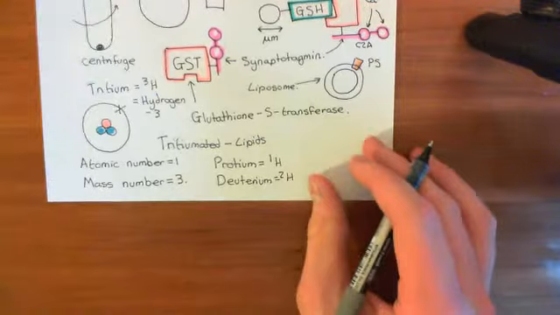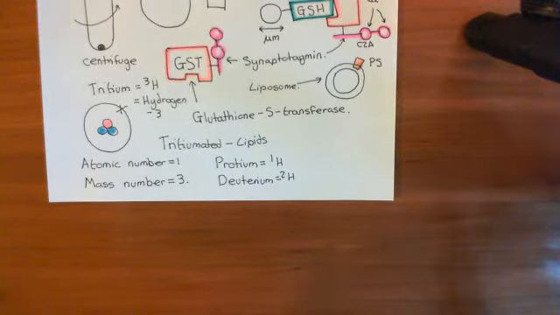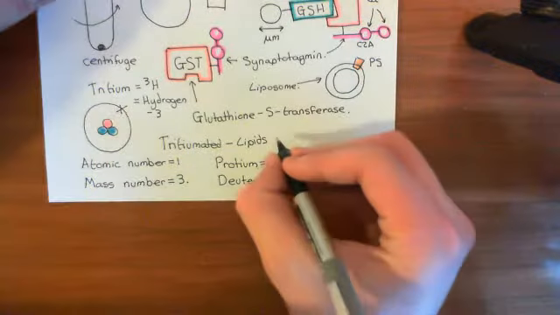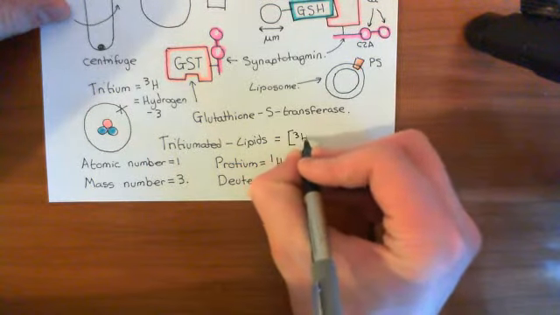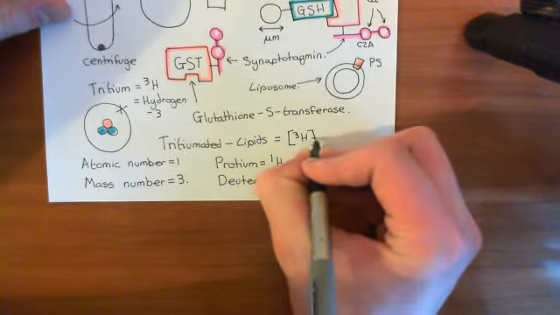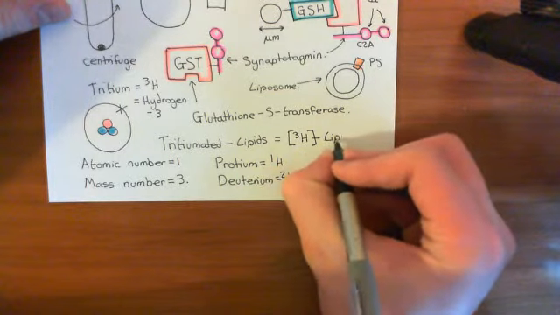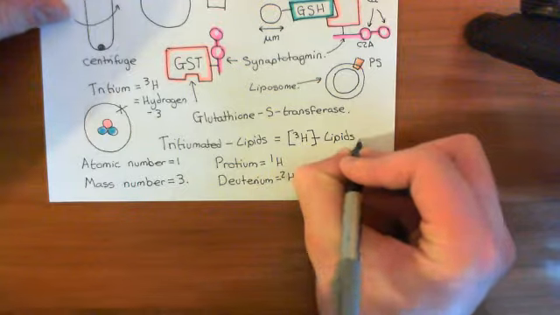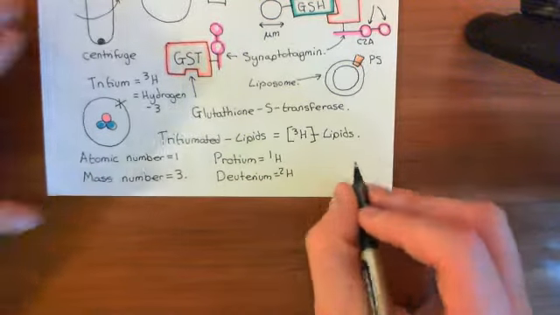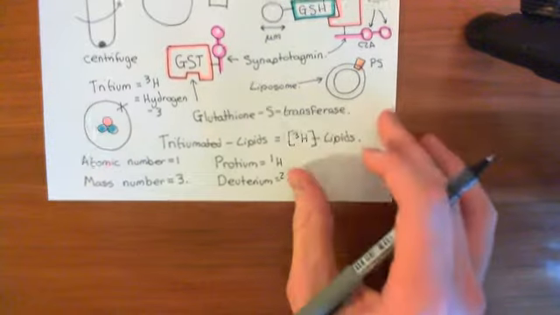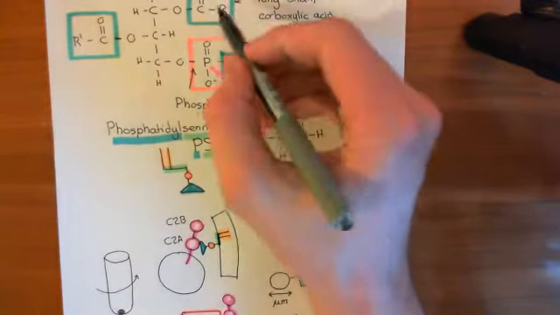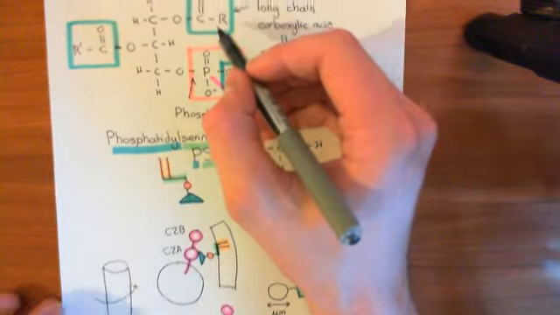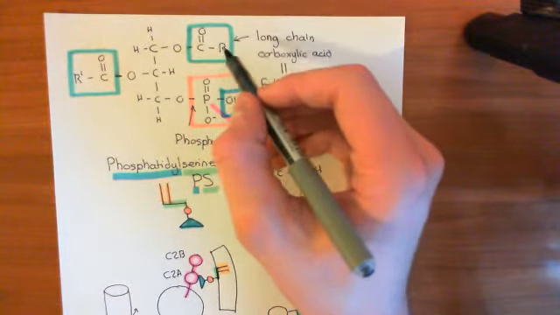Okay, the point is, tritium hydrogen, or hydrogen 3, or 3H, and indeed you will often hear people just describe this as 3H. They'll write 3H lipids to denote that you have tritiumated them. Now, what does it mean? It means that when you construct these phospholipids, these R groups are going to have a huge number of hydrogens on them, most likely.